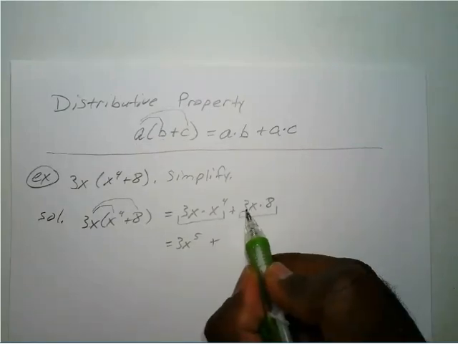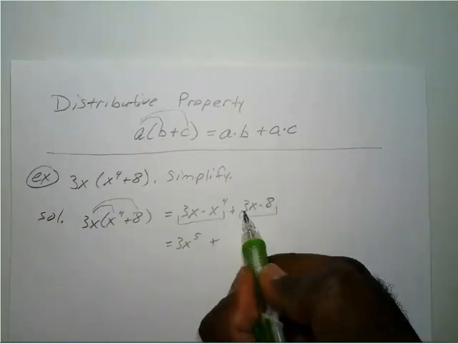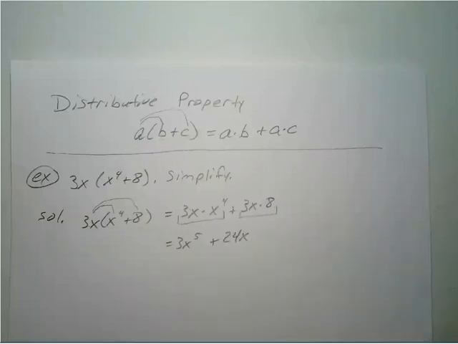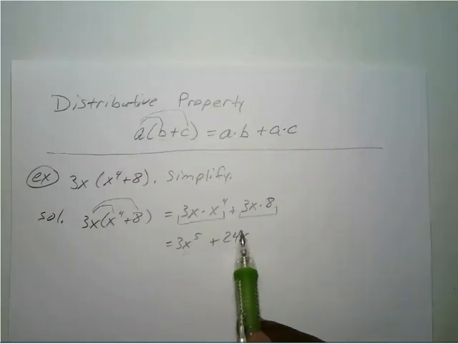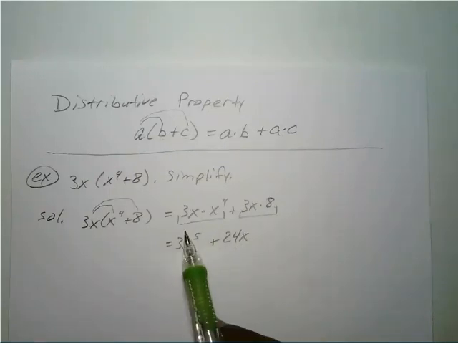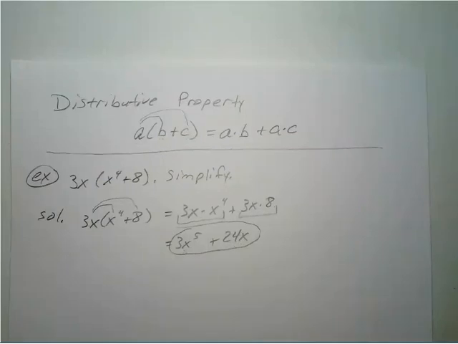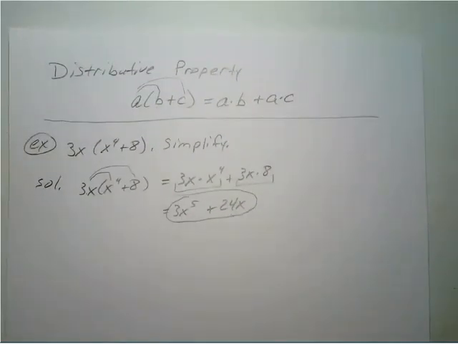Plus, you have 8 times 3, which is 24, plus 24x. Now you can't combine these two terms because the variable and exponents aren't exactly alike. They have to be exactly alike to add them together. So since they aren't exactly alike, that's our final answer.